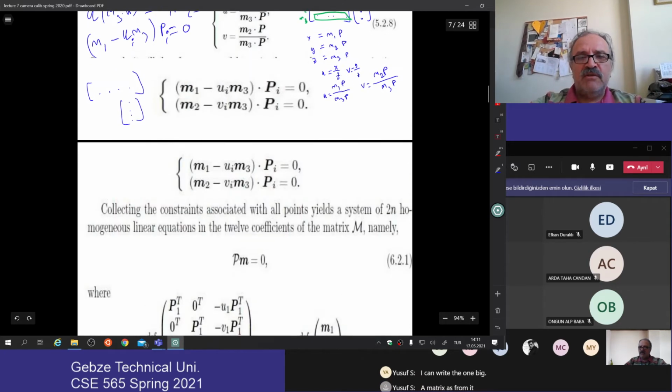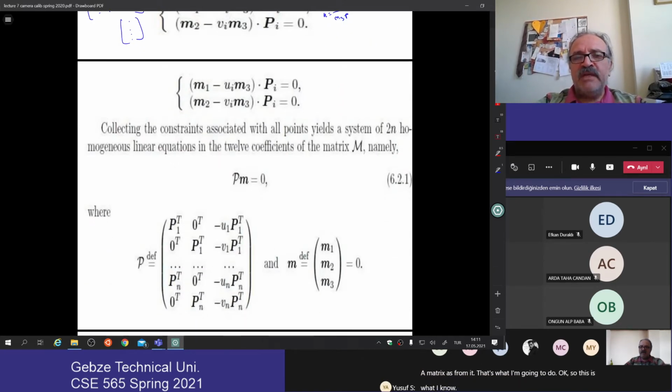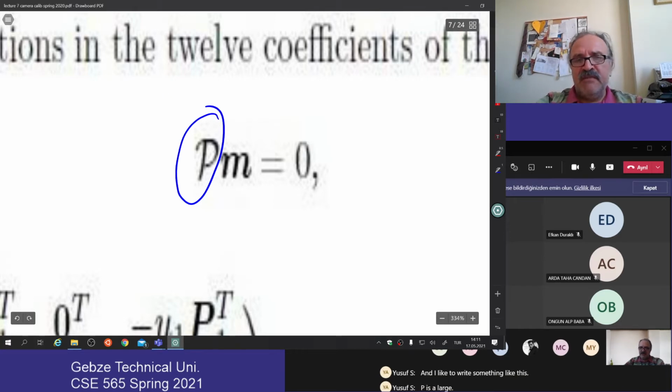Okay, so this is what I know, and I would like to write something like this. P is a large linear system. M is my vector of 12 unknowns.